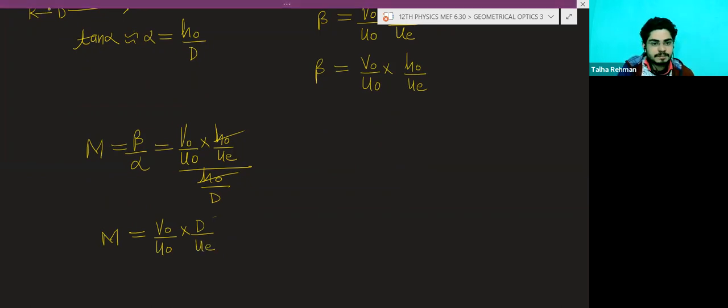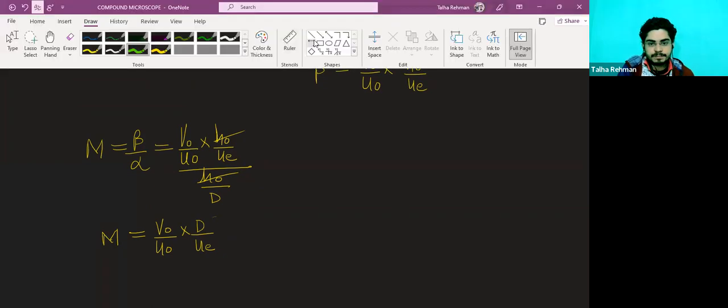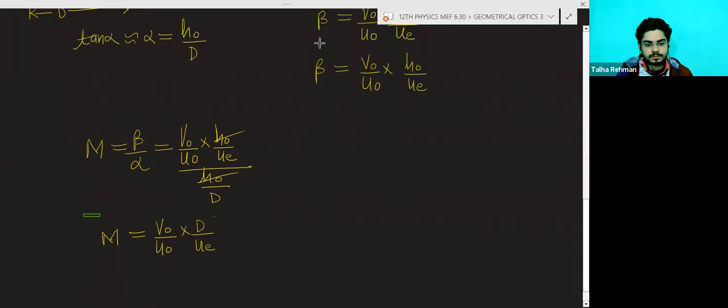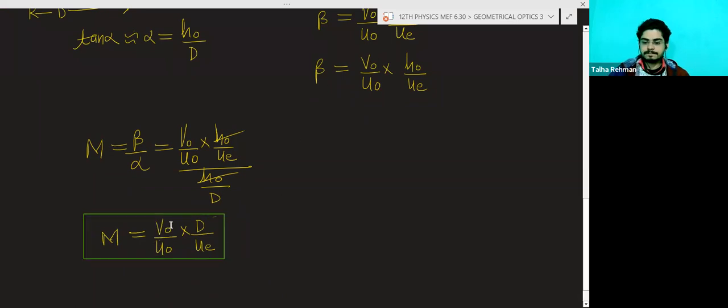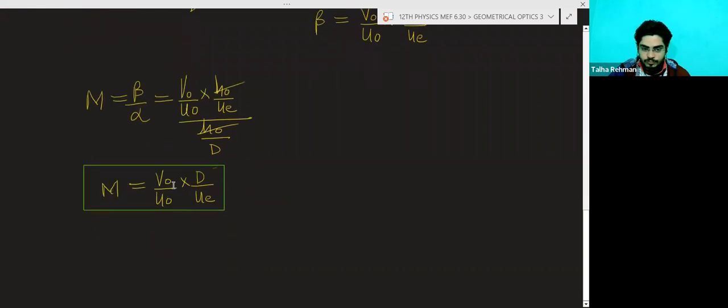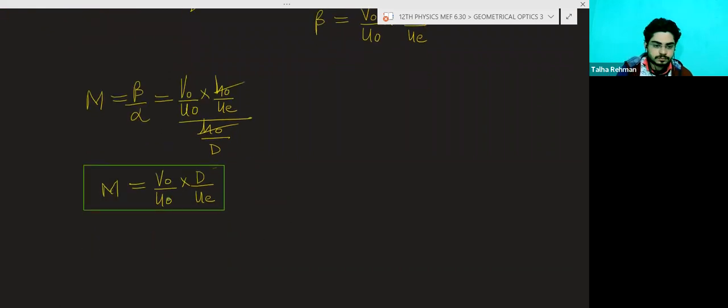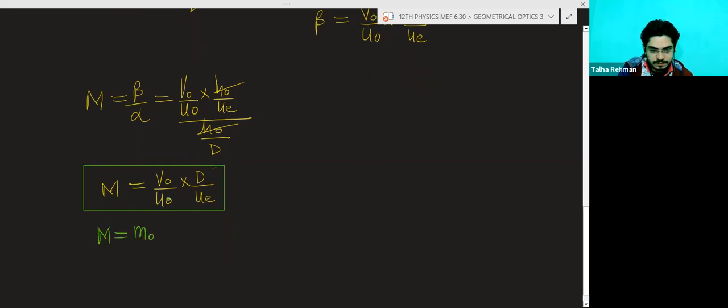This will be the magnification for the compound microscope: v naught by u naught multiplied by d by ue. And what is this v naught by u naught? It is the magnification produced by the objective lens.